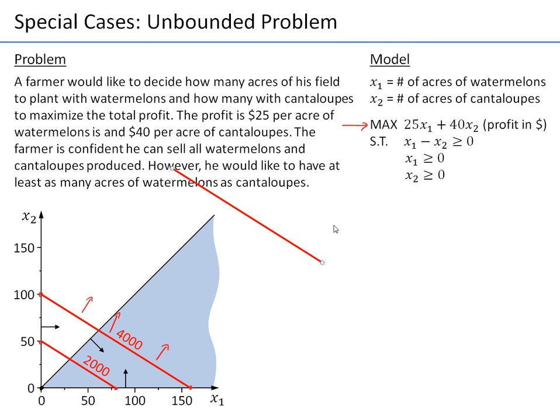The region on this side is unbounded, and it happens that when we move the level curve in the direction of improvement, we will never stop on the last feasible solution. So by this principle, we will never reach the optimal solution, because for whatever solution we would like to select, we can always show there are better solutions.